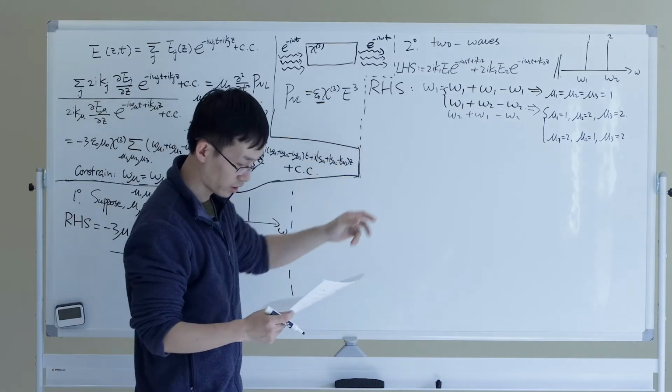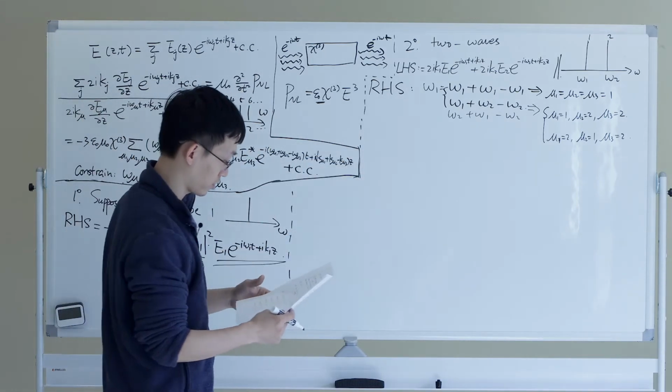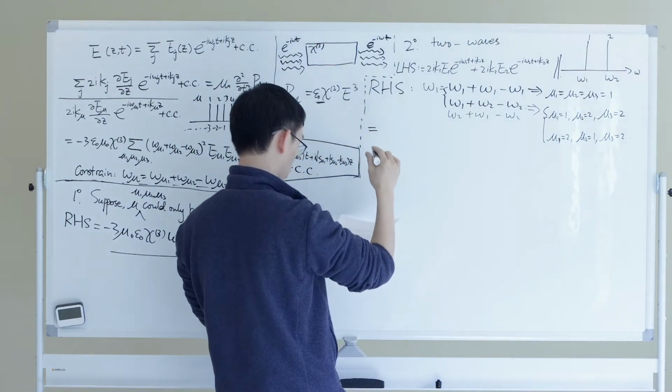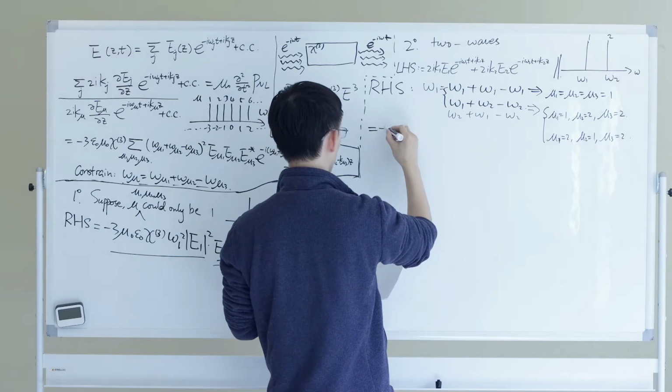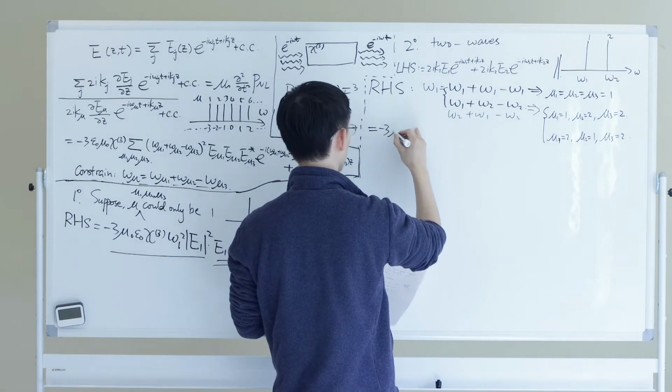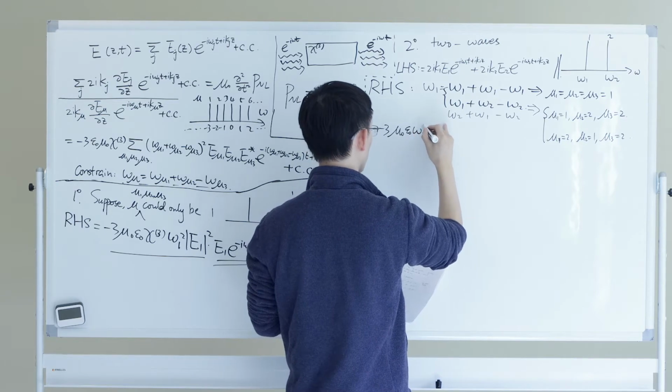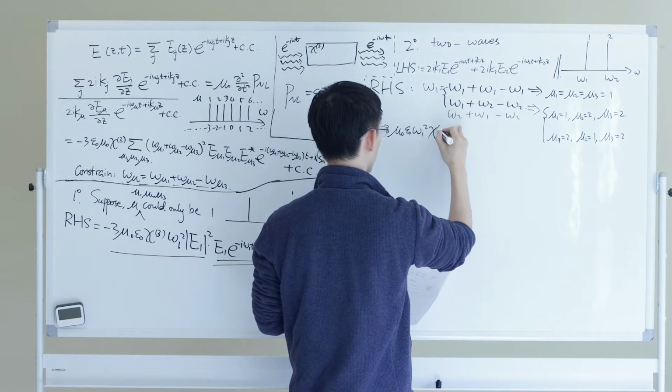So if you take this into consideration and sum all these three terms, what you see is that you have minus 3 mu naught epsilon naught omega 1 squared chi 3.